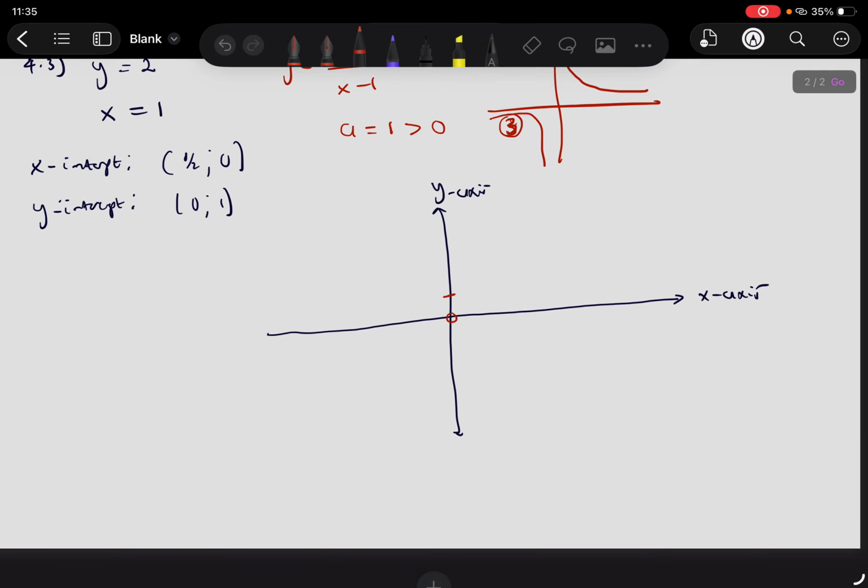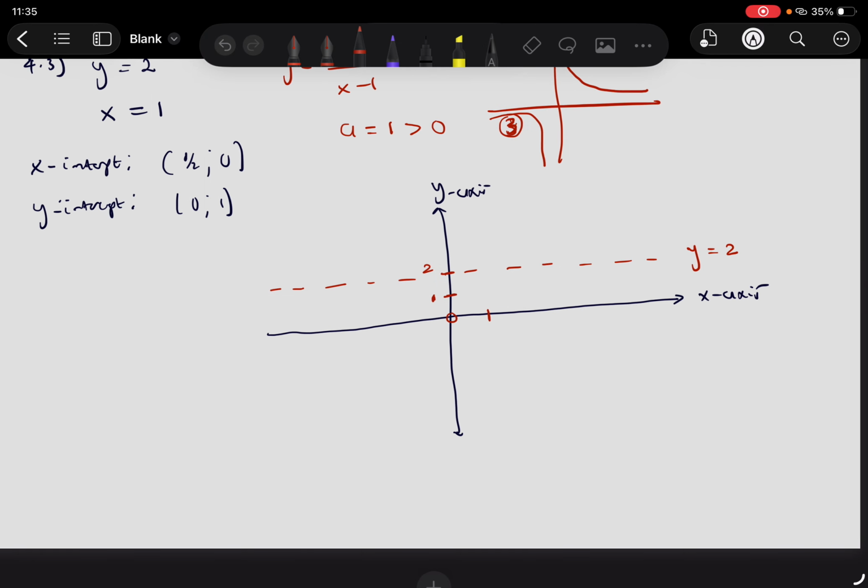So if this is 0, this is 1, this is 2 there. Our dotted line will be at y is equal to 2. And it's quite important that you also name these lines. So you do write y is equal to 2 there. It makes it easy for your marker.